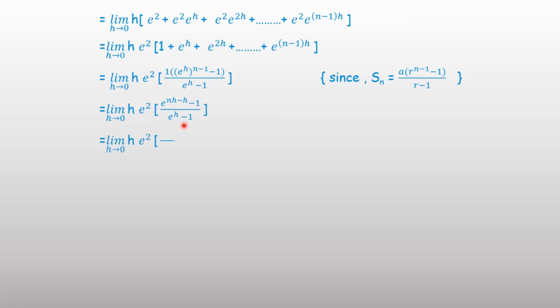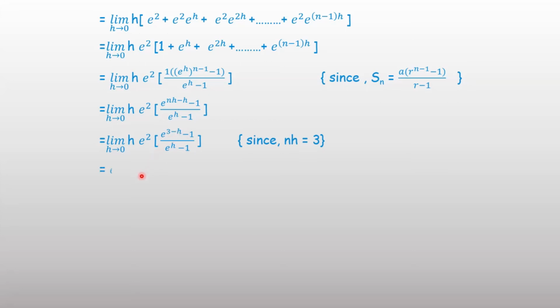Now next step, in place of nh we can write 3. Nh equal to b minus a equal to 3, which we have already calculated here. Therefore, in place of nh write down 3. Then in the next step, in the numerator we can apply the limit.